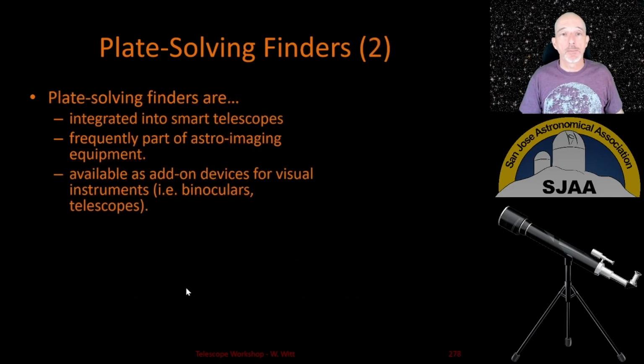So this process of doing the plate solving is complex, but computers are pretty cheap now. I'm sorry, you find them in multiple devices now because they're relatively cheap. They can be integrated into smart telescopes, like a Seestar or a Unistellar. They are often integrated into other astronomy imaging equipment, and they're also available as add-on devices for visual instruments like binoculars and telescopes.